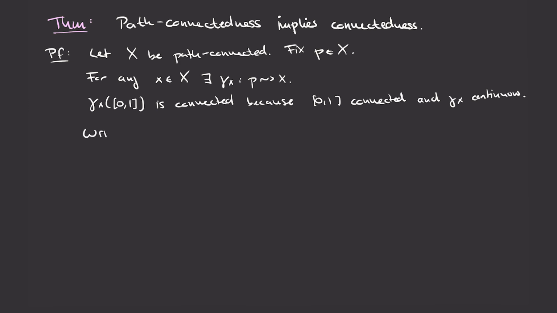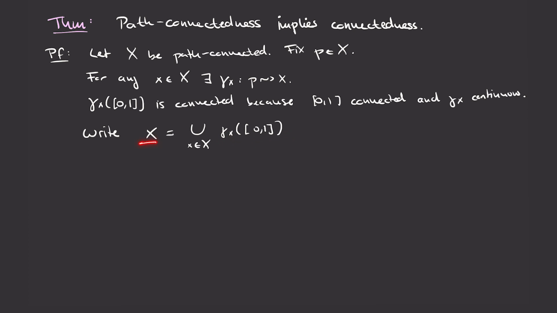We can now write X to be the union over all small x in X of these images of the unit interval under gamma x. So why does this equality hold? Well, on the one hand, if you take any point in X, then this is the endpoint of one of these paths, gamma x.